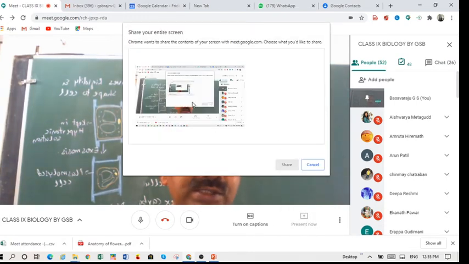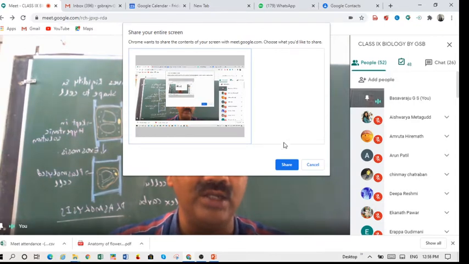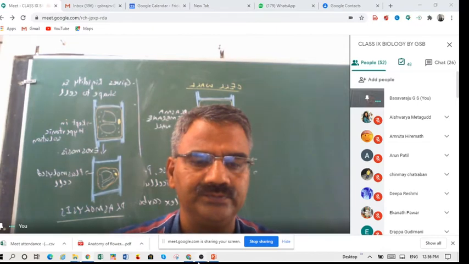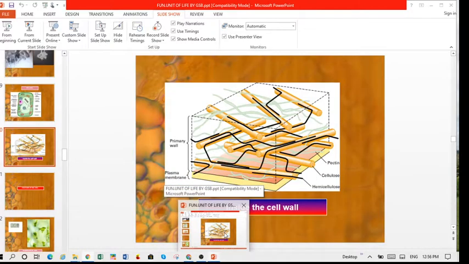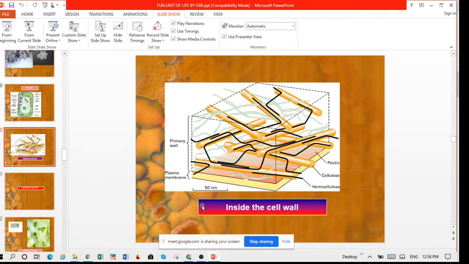That is, the shrinkage of the plasma membrane in a plant cell is called plasmolysis.